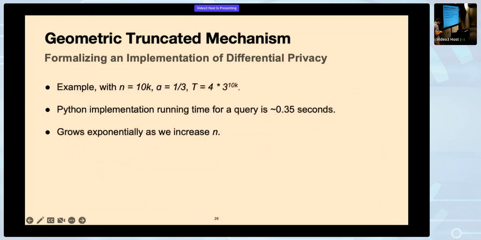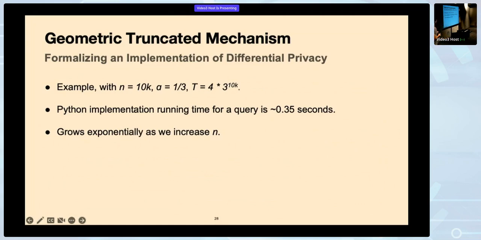I was interested in the efficiency of this implementation, so I wrote one in Python. Just as an example, if the size of your database was 10,000, you set alpha to 1/3, and t is correspondingly 4 times 3 to the 10,000, then the running time for a query is about 0.35 seconds. Of course, this is going to grow exponentially as we increase n.